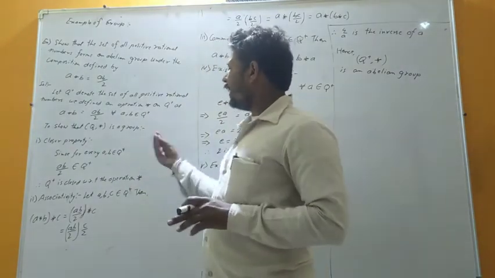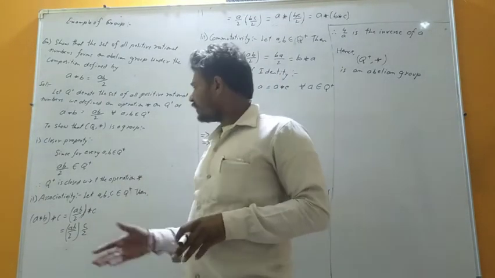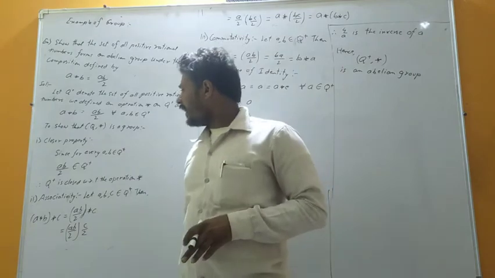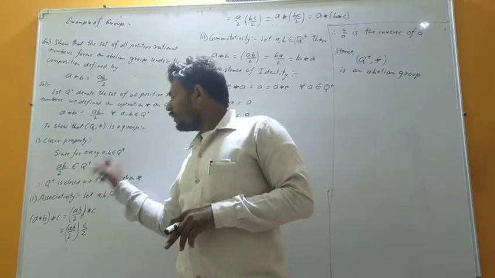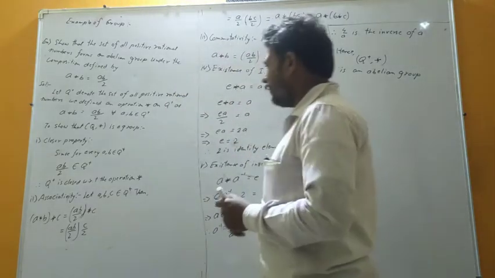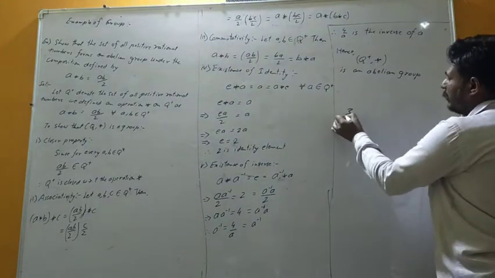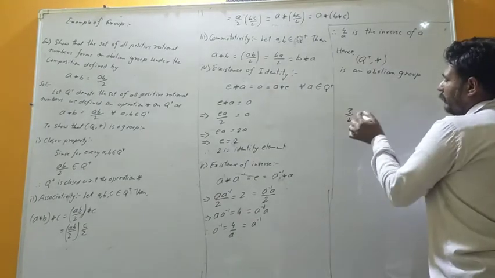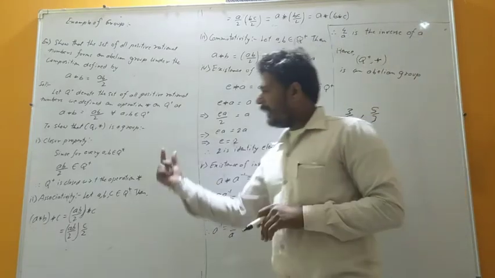If we take any two positive rational numbers and apply the operation ab by 2, the result should also belong to Q plus. Let us see an example. Let us take two positive rational numbers, 3 by 2 and 5 by 3.